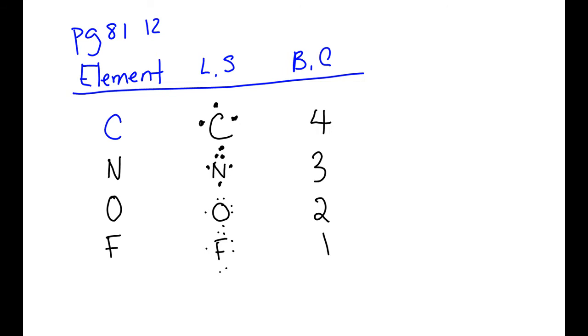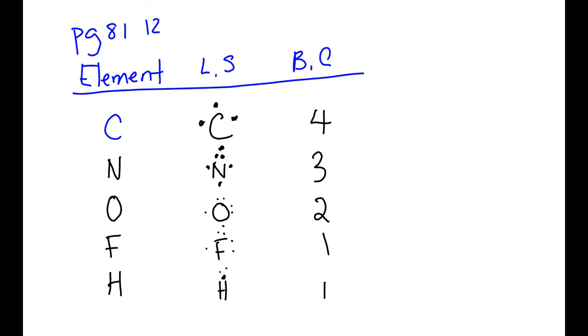Hydrogen has only 1 valence electron, but how many total does it really want? 2. So it actually makes only 1 bond. So hydrogen will never be put in the middle of a structure.